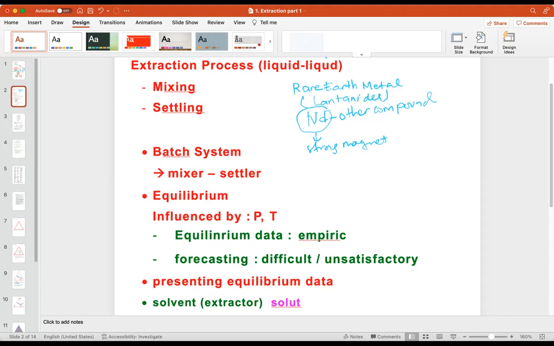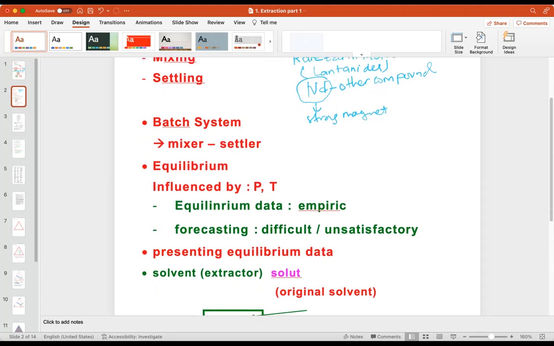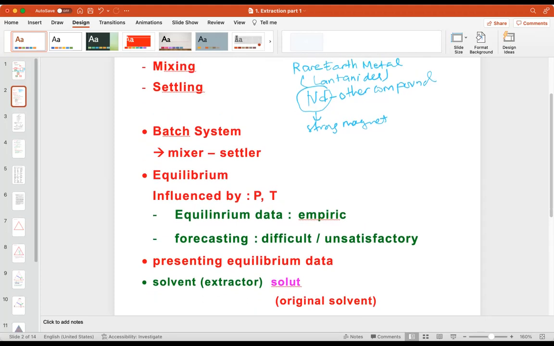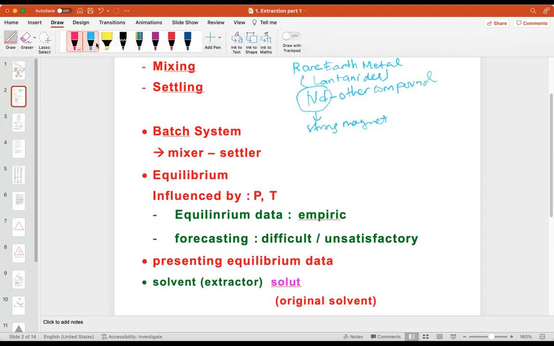Okay, so again, similar to distillation and also absorption and also extraction, you are familiar with equilibrium and also another one, the operating line.